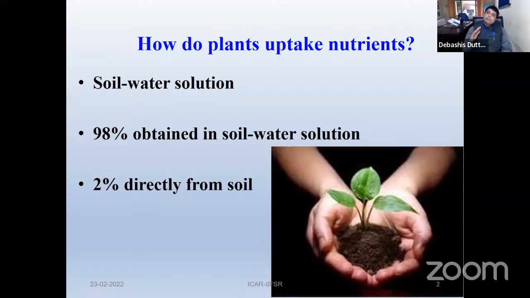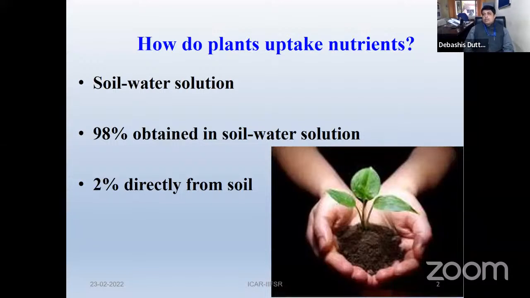So we should think about the soil solutions, and only 2% of plant nutrient uptake occurs directly from the soil, through the contact of the plant roots with the soil particles, where the nutrient is directly absorbed. So the main source is the soil water solution.